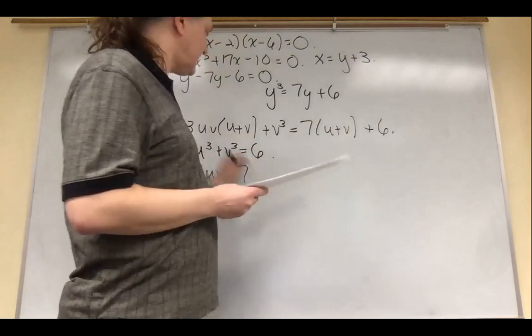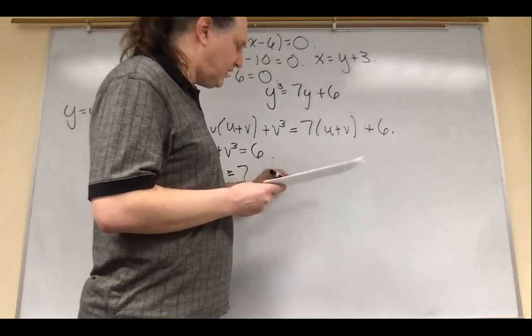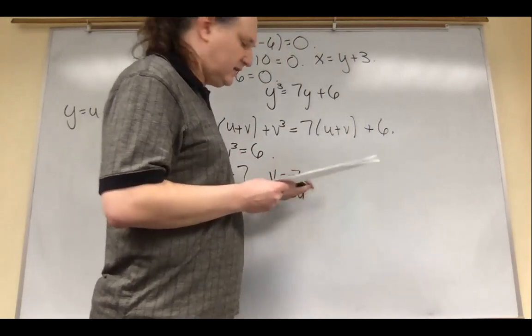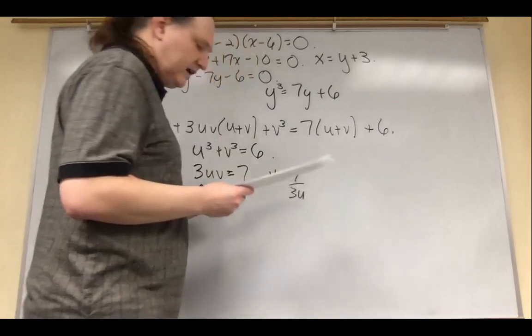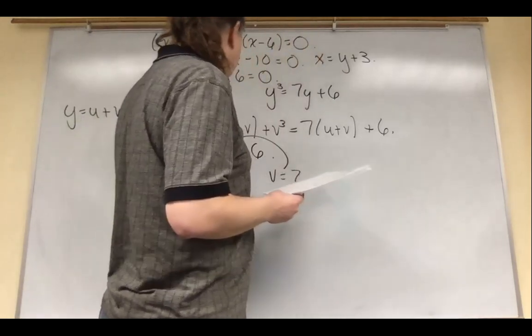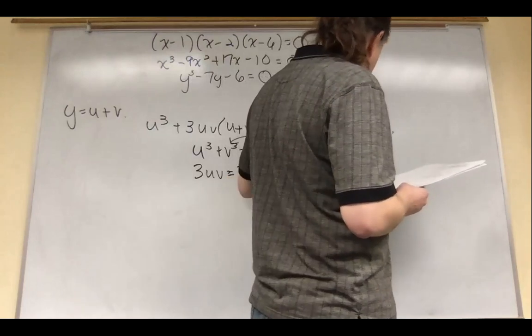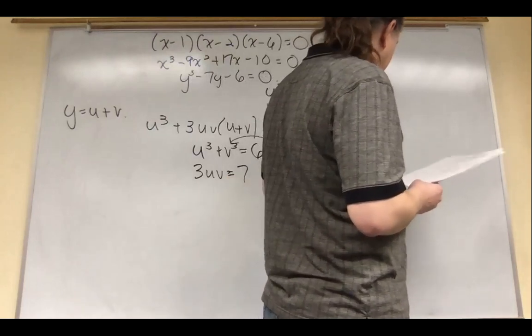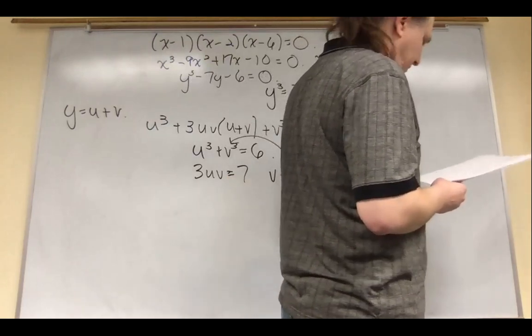So we're solving the system of equations. v equals 7 over 3u. And then putting that back in here, u cubed plus (7 over 3u) cubed equals 6.